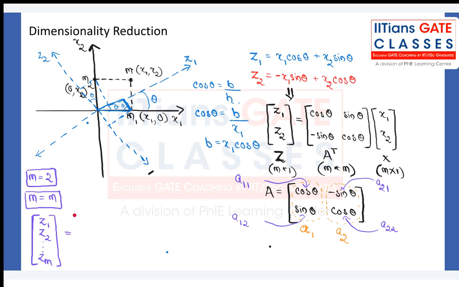So it will be a11, a12, so on and so forth, a1m, so on and so forth, am1, so on and so forth, amn. Right? And this vector here of features is x1, x2, so on and so forth, xn.